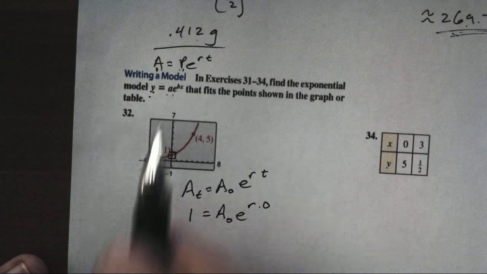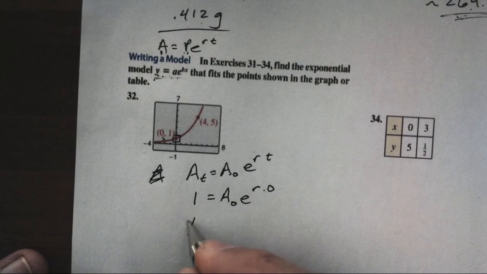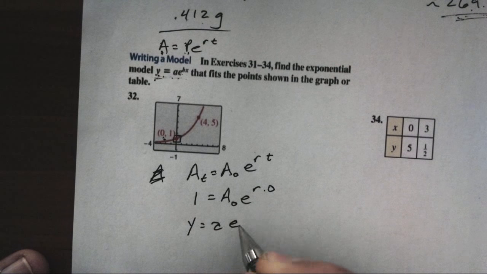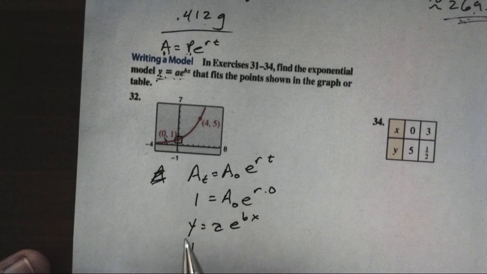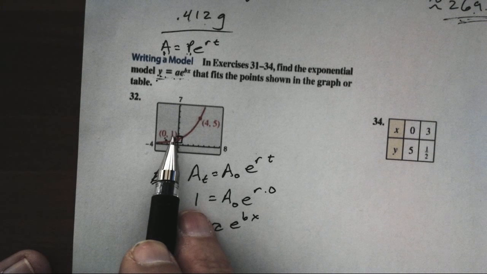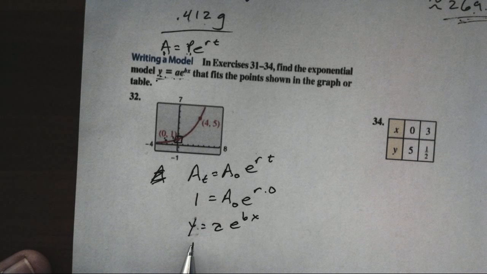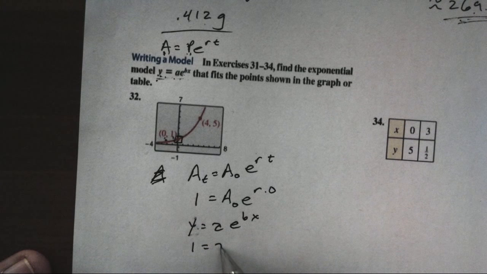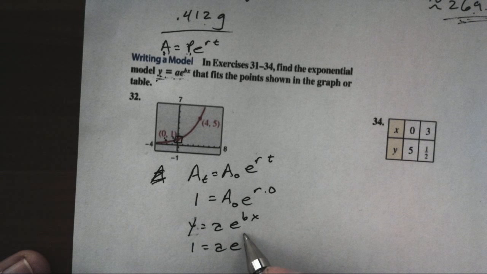Now, the book's going to say use this formula. So I'm going to go and use this formula and show you why it's the same thing. y equals A e to the bx. We got a y value of 1, but that's what we started with. At time 0, we started with 1. We got a y value at 0, a e to the b.